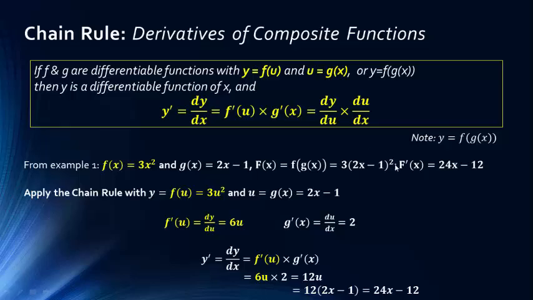So what I get here is I drop the power down, right? So I get 6 times 2x minus 1 to the 1 power. That's the derivative of the outer. And then the derivative of what's inside the parentheses is just 2. And when I multiply that out, I would get the same thing, 24x minus 12.